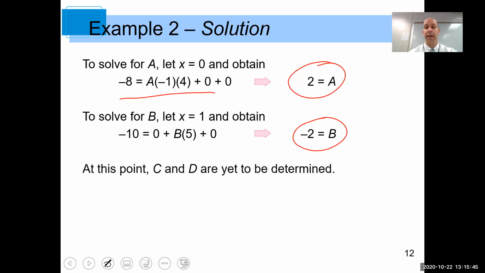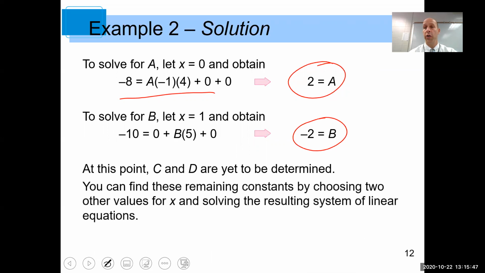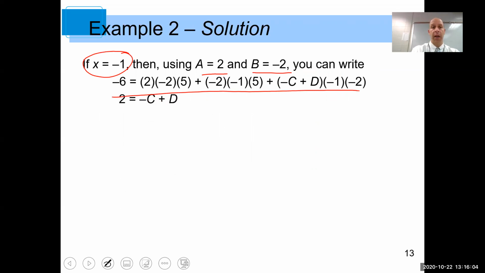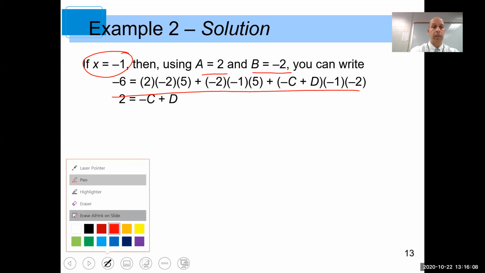To find the c and the d, you're going to have to pick two different values of x, and then you're going to get a linear system. If you let x equal negative 1, you already know that a is 2 and b is negative 2. When we work this out, we get this expression, which is very scary looking, but that just becomes 2 equals negative c plus d.